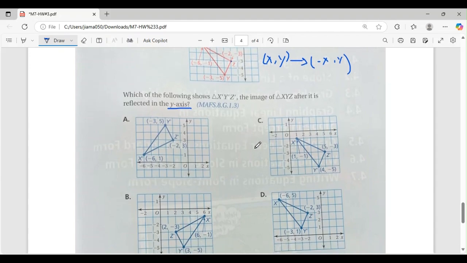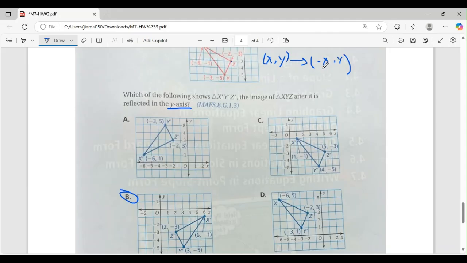So we can notice that letter B is the same as what I said, 2 and -3. Okay, and let's check the other points. -6 and -1.